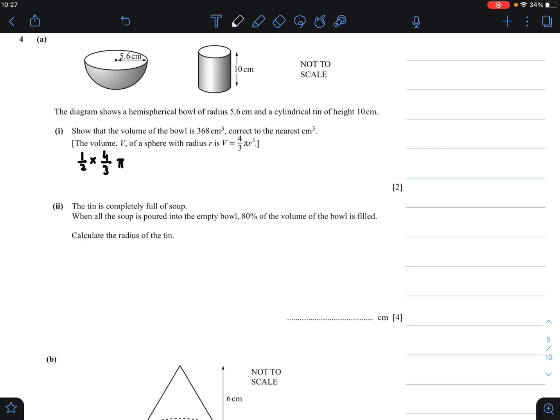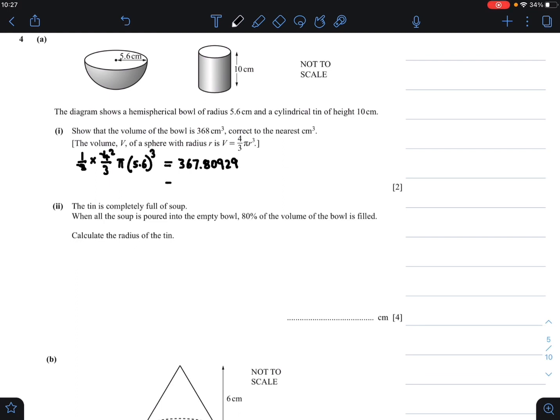So 4/3 πr³, in this case with r as they've given it to us, 5.6. So 2 and 4 can get cancelled out because 4 divided by 2 is 2. Therefore now all we need to do is input this into the calculator. So 2 divided by 3 multiplied by π multiplied by 5.6, my bad, I forgot the cube, 5.6 cubed, is equal to 367.80929.